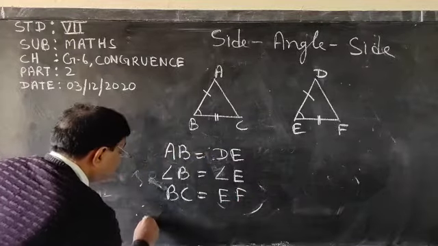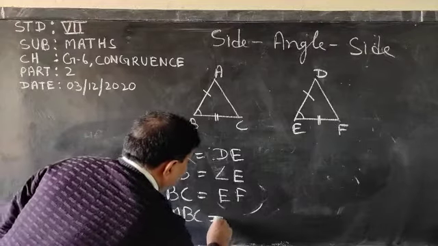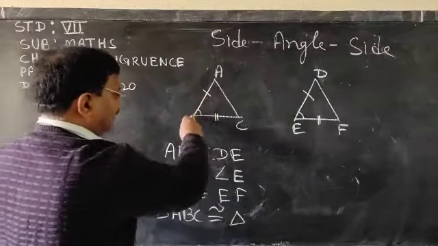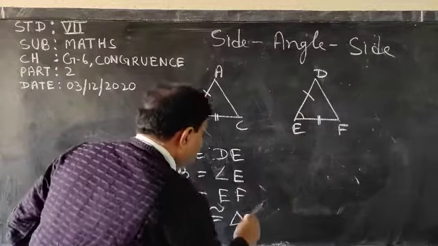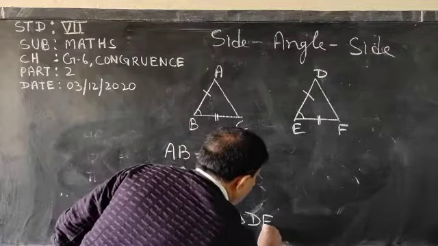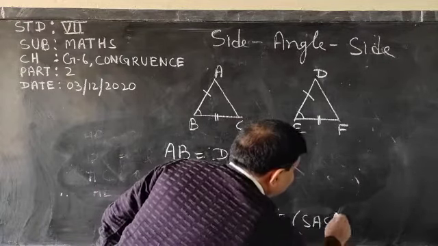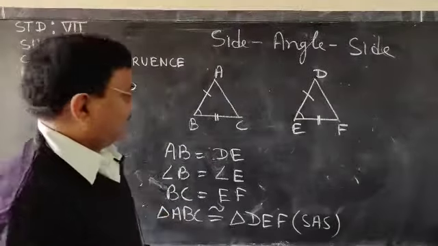Therefore, triangle ABC is congruent to triangle DEF. By which condition? SAS. Very clear? Now, let me change it.